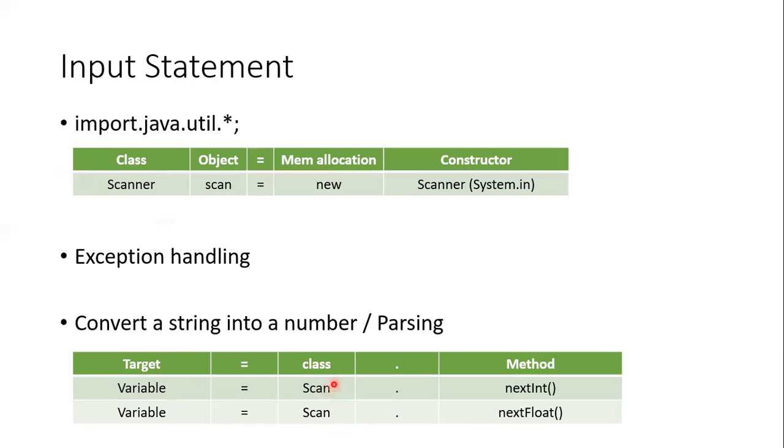Then we use the method nextInt of the object to get the integer value from the received token. And also by using the nextFloat method of the same class, through the object scan, we can get the float value from the given string, so that it could be stored in the corresponding variable.